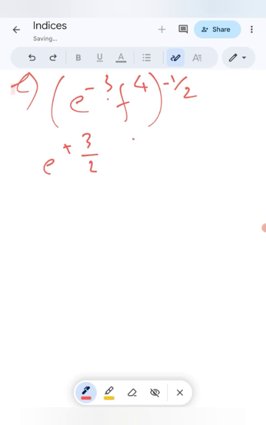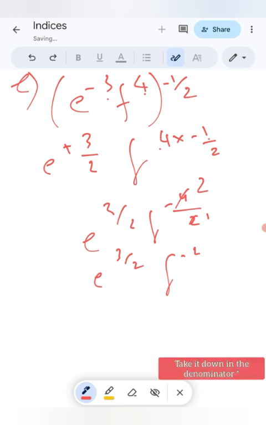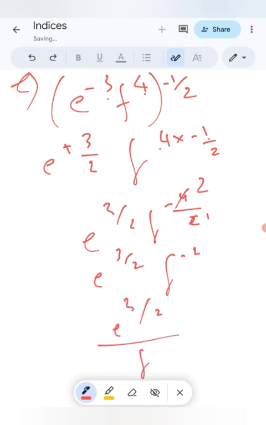Okay. Now F, 4 multiplied by a minus 1 upon 2. What does that mean? 4 into minus 1 is a minus 4 upon 2. Now 2 twos are, so that becomes E raised to the power 3 upon 2 F raised to the power minus 2. Now to make this positive, what will I do? Take it down in the numerator, so that becomes an F square. Okay.